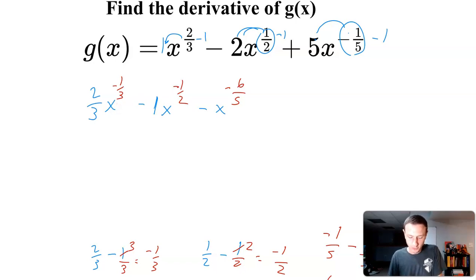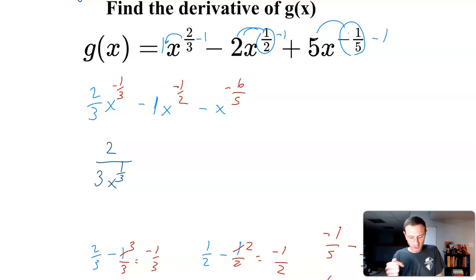So for 2 over 3x to the negative 1/3, what's going to come down is this x. The 2 stays on top. So the way I'm going to rewrite this is 2 over 3x to the 1/3. Again, the x is only with the negative exponent, so that comes down.